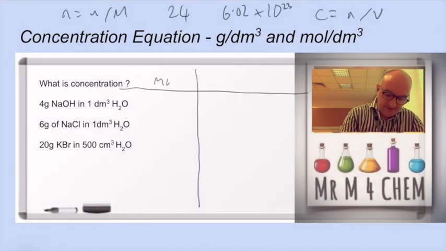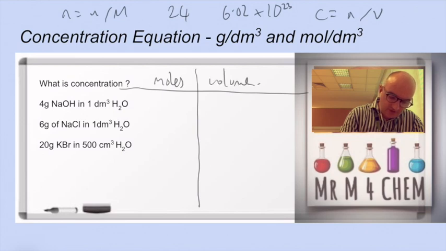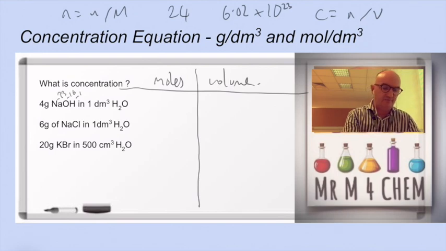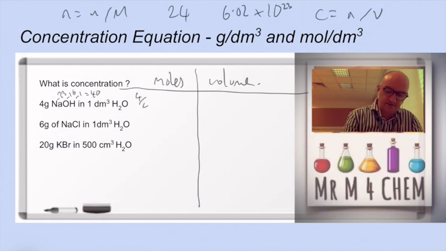Moles is mass over Mr. So this is 23, this is 16, this is 1, which equals 40. So it's 4 over 40 is my number of moles, and that equals 0.1. And it's in 1 decimeter cubed, so that's easy. 0.1 moles per decimeter cubed.